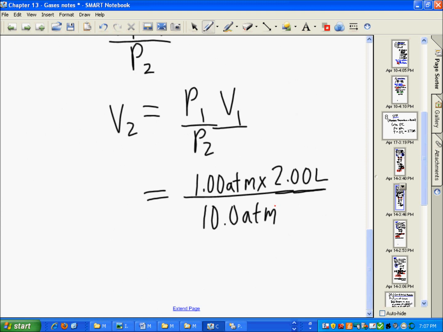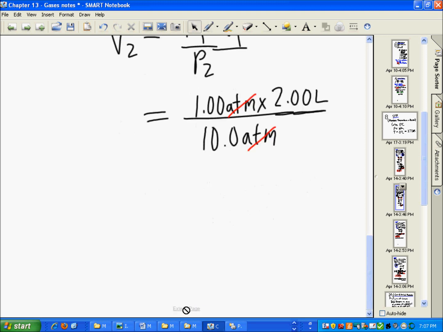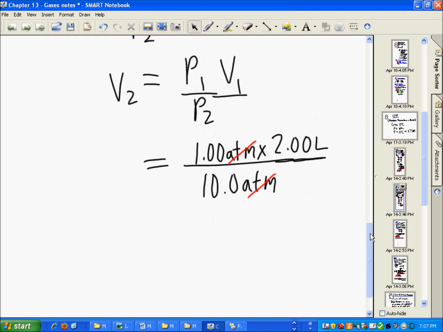And looking at our units, atm will cancel, leaving us with liters, which is good because we should end up with a volume unit. And we can see that the effect of changing the pressure should be to decrease the volume, because it's 1 over 10, 1 atmosphere over 10 atmospheres.